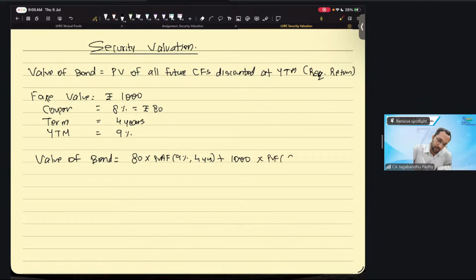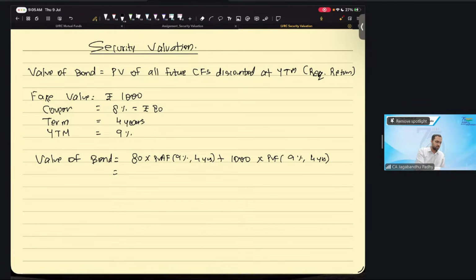You multiply this by the present value factor at 9% for 4 years. So what's the value of the bond? Can you calculate this number? Get the present value annuity factor at 9% for 4 years.